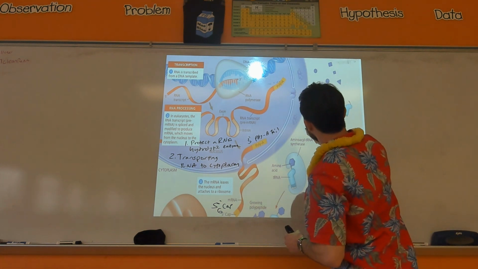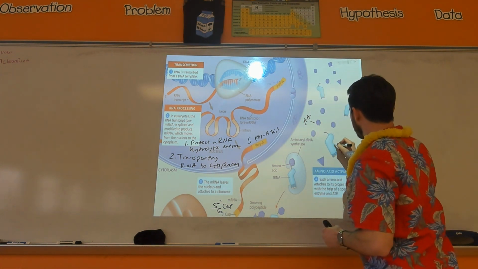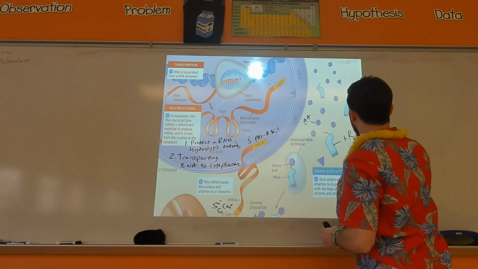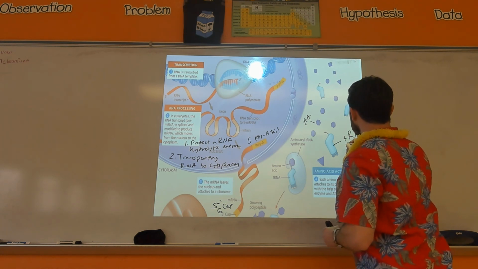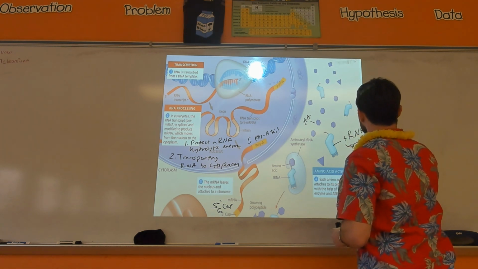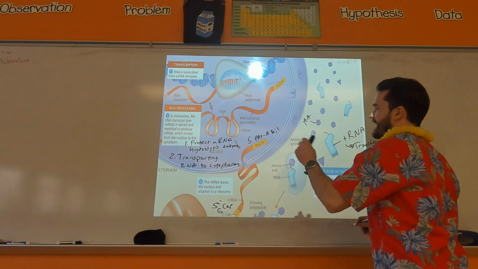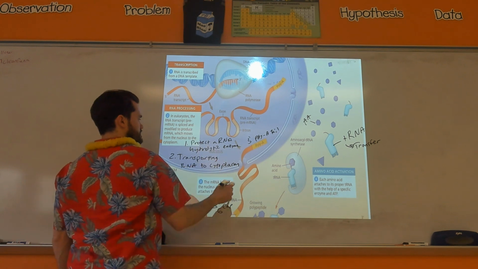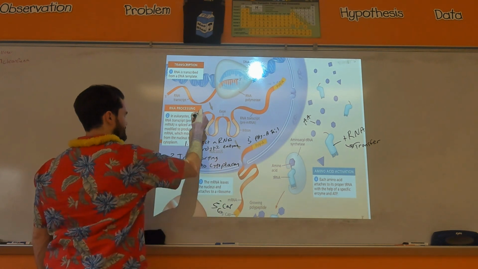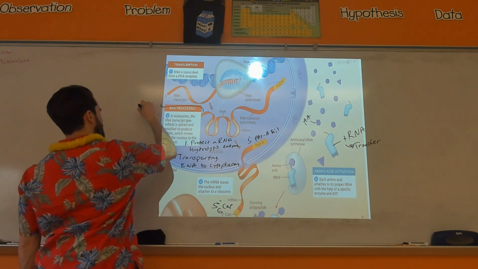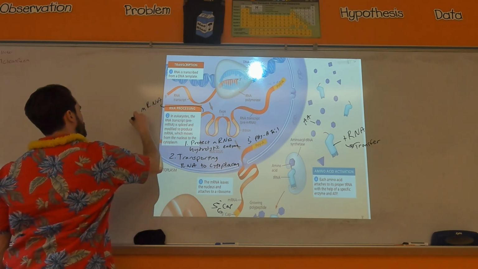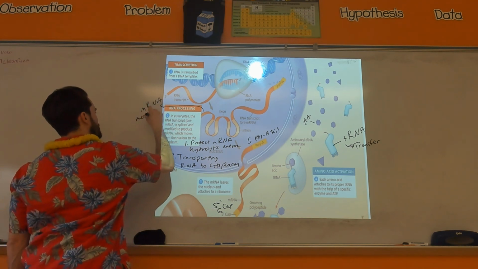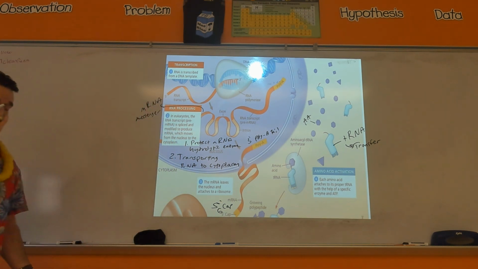So these are the amino acids, and this right here is what we call tRNA, where the T stands for transfer. It is the transfer RNA. Here's your mRNA. The m in mRNA stands for messenger, the messenger RNA.